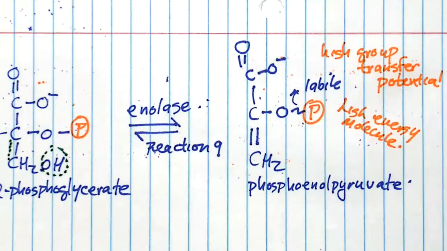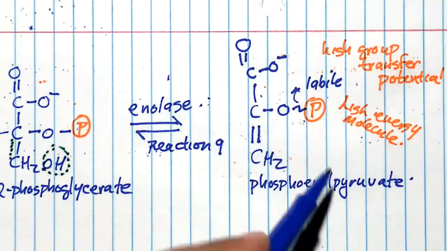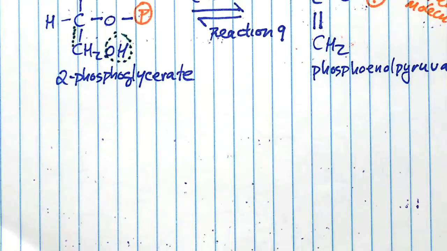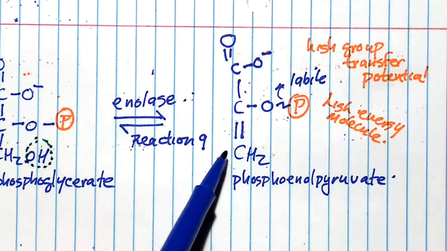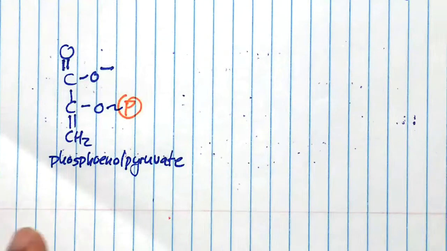The final reaction of glycolysis is to take that phosphoenolpyruvate and give off the phosphate that is itching to get off, and donate it to ADP to give you ATP. That is our second ATP molecule that's formed, but you'll also get the alpha keto acid pyruvate. So phosphoenolpyruvate from reaction 9 is going to go on to our final reaction. This reaction proceeds in one direction.